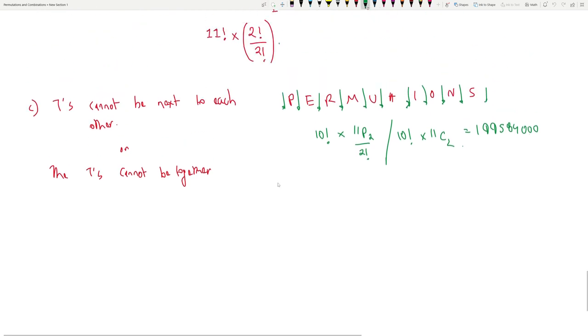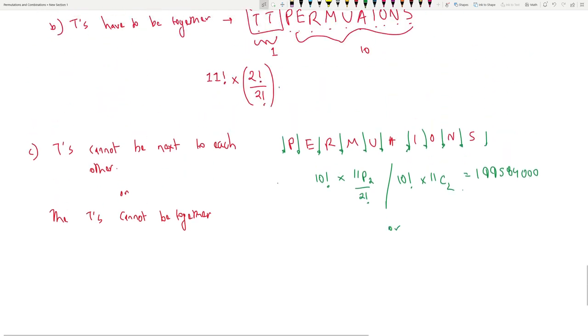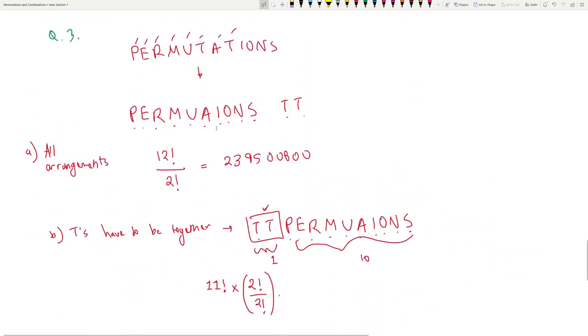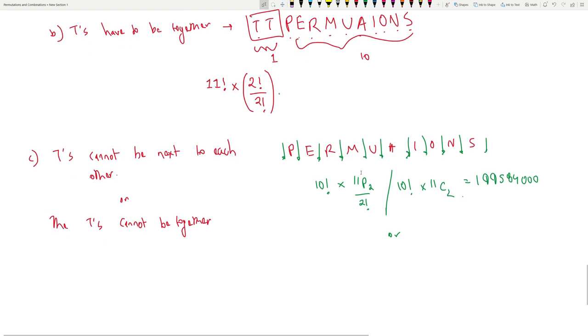Moving on to another technique, or alternate technique. We have the ones for where they're together, and we also have all the possible arrangements. So I just want to show you the alternate route. This is route 1, this is route 2. All arrangements minus T's together.